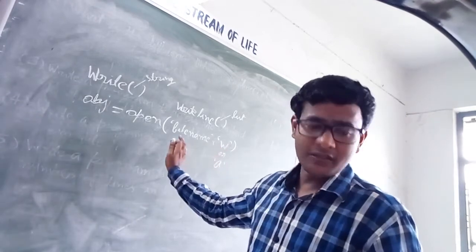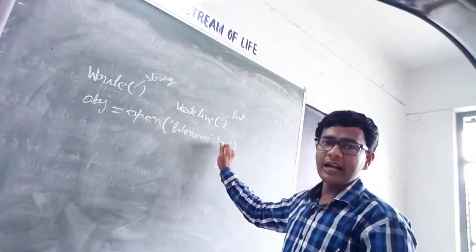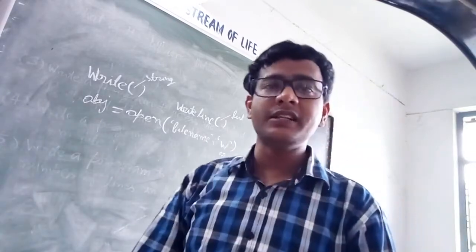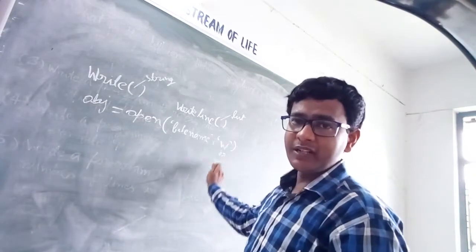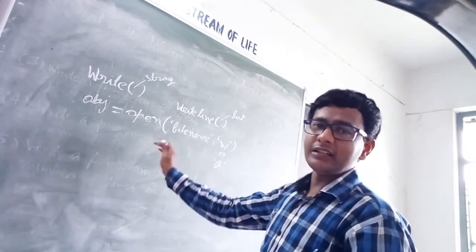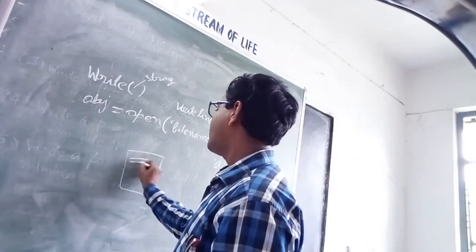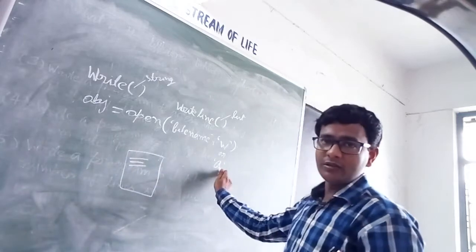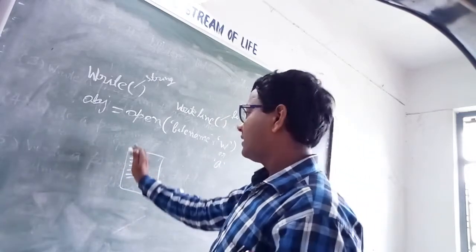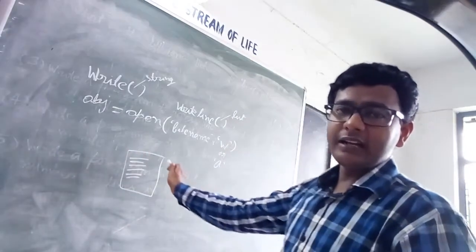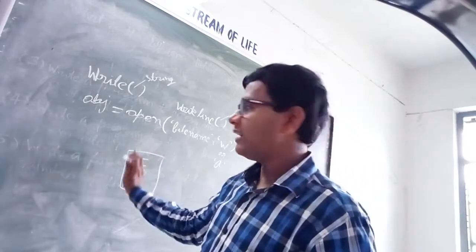Write mode and append mode you have already studied. Write mode is for writing the content, for inserting the data in a file, and append mode is for editing our file. Editing means that if we have 4 lines and we use append mode, then the next data is entered after them. Previous data is also present there and the next data is appended to it.